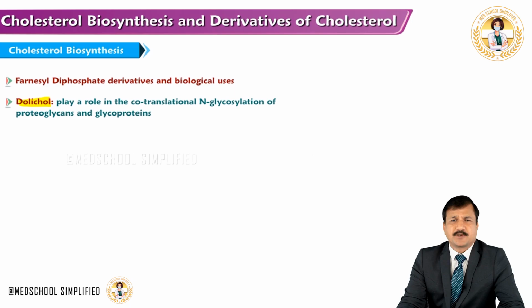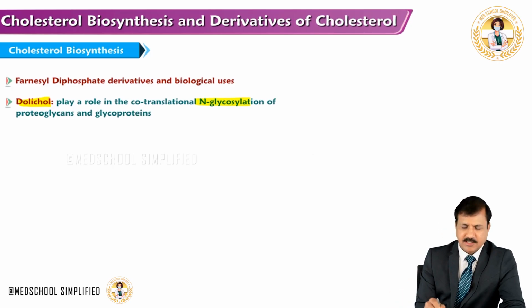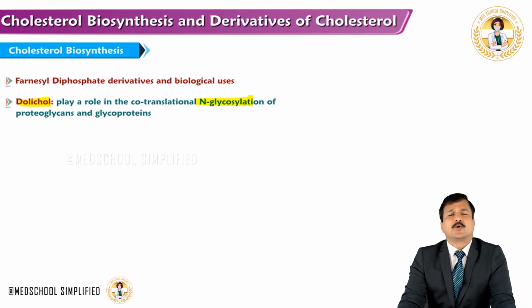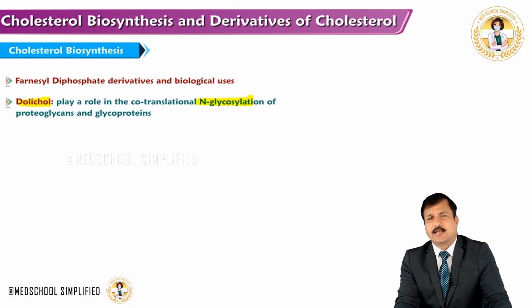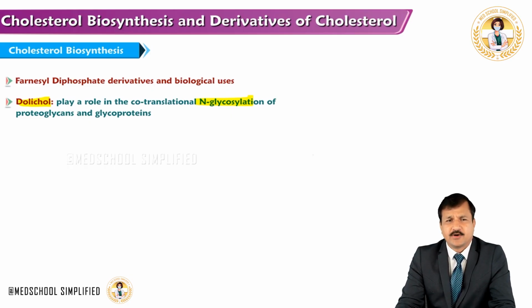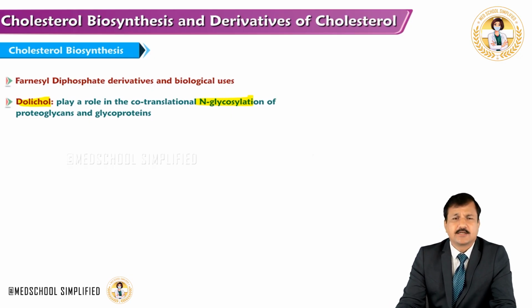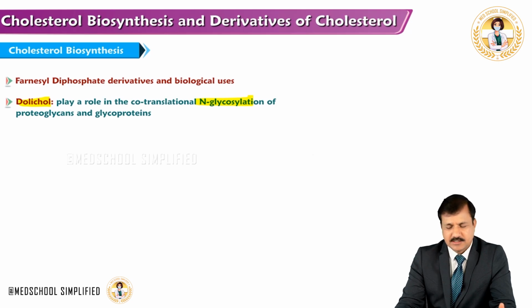The proteoglycans present in the extracellular matrix all need N-linked glycosylation, and in fact N-linked glycosylation is the most common type of post-translational glycosylation process. Of the two types of glycosylation, O-linked and N-linked, N-linked is the most common one, and that can be affected with HMG-CoA reductase inhibitor use. So that can lead to complications. It will lead to adverse effects.